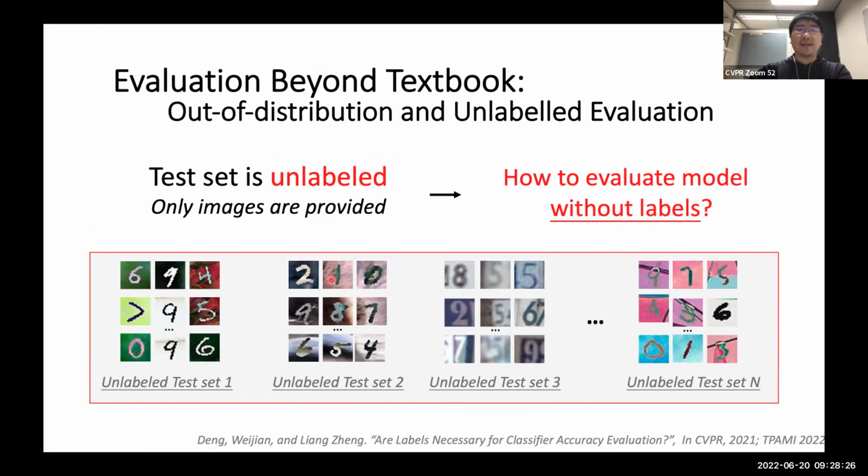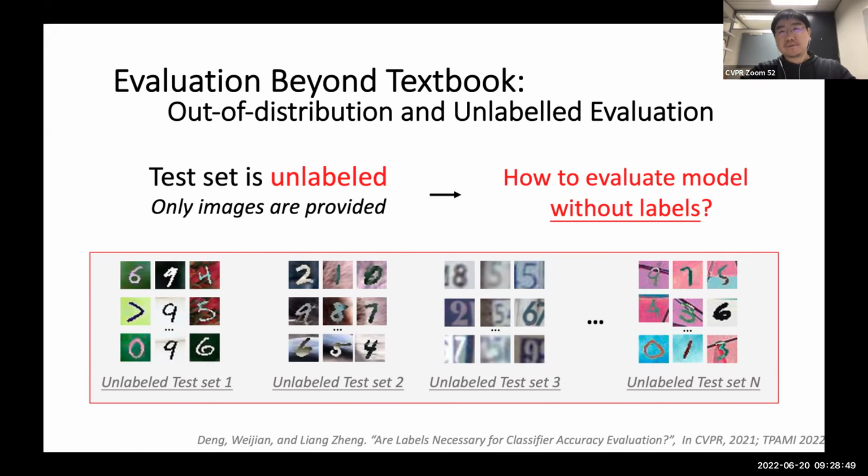Let's see some examples below where we have unlabeled test set 1, unlabeled test set 2, unlabeled test set 3, and unlabeled test set n. We want to answer the question: how can we evaluate our models? How can we obtain our model accuracy on these unlabeled test sets? This is the question that we want to ask.